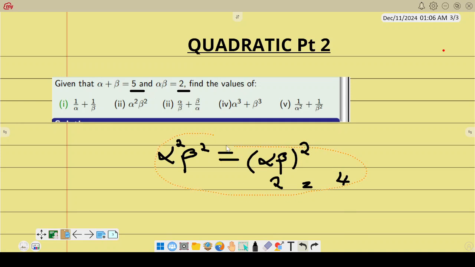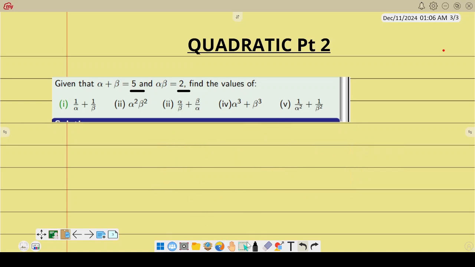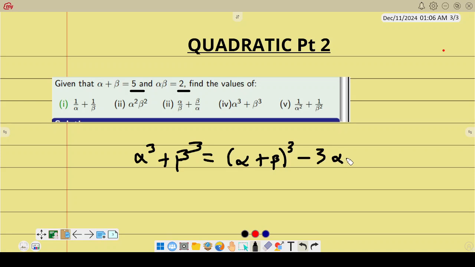Okay, and then the third one, I told you to master this. Yeah, so always know that alpha cubed plus beta cubed is equal to alpha plus beta cubed minus 3 alpha beta times alpha plus beta.